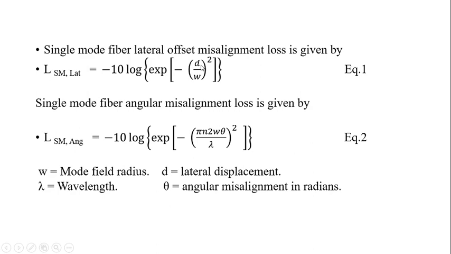Here d represents lateral displacement, w represents mode field radius. The second formula is for single mode fiber angular misalignment.